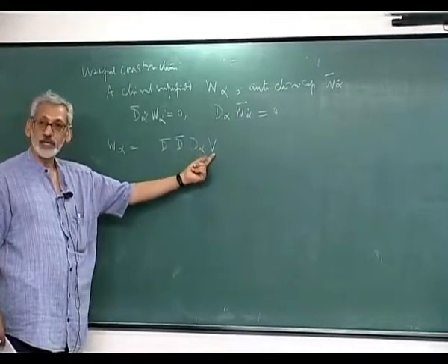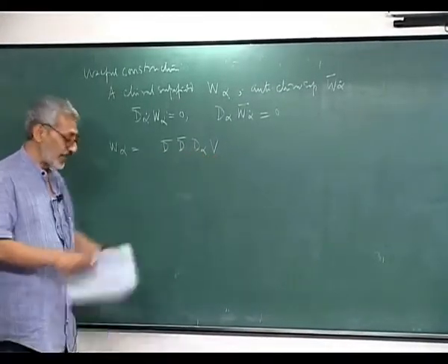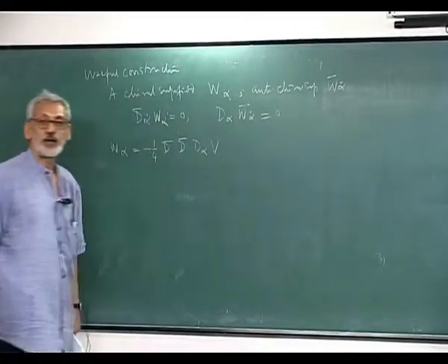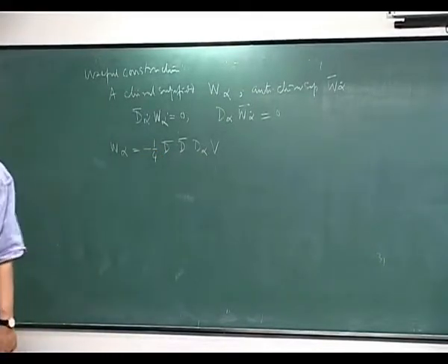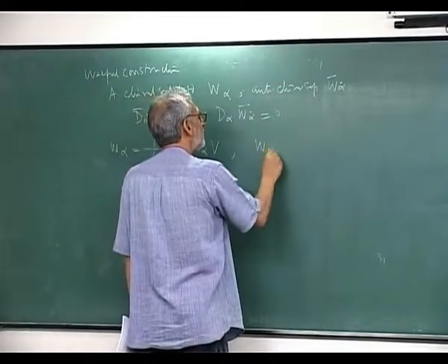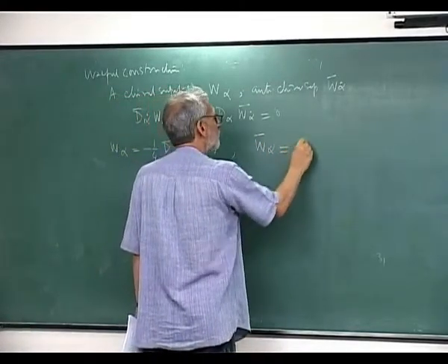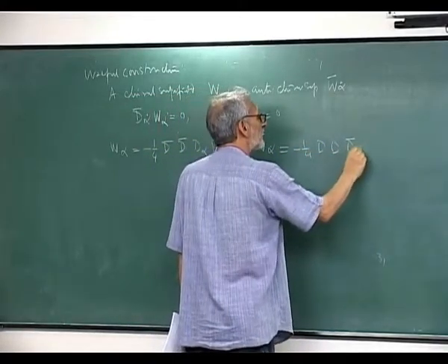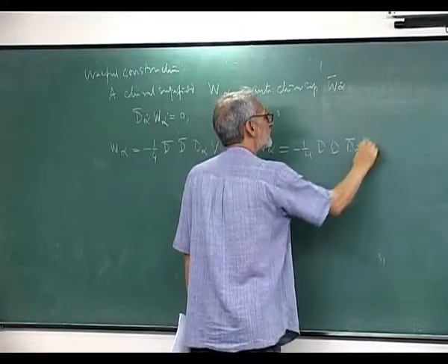D bar D alpha V, and we'll put a convenient normalization of -1/4. And the corresponding anti-chiral superfield is W bar alpha dot, minus 1/4 D D bar alpha dot V.